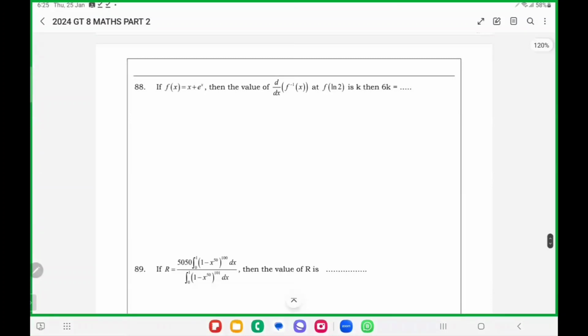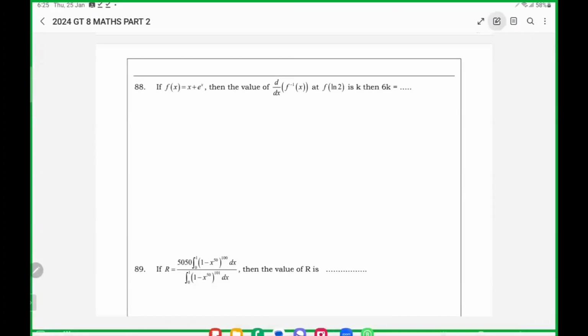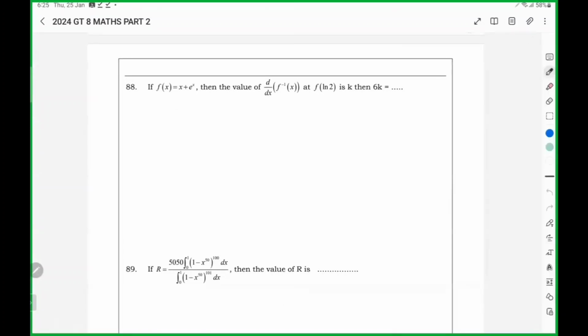This problem, good logical problem. So derivative of f inverse x, let g be f inverse. So g circle f of x, because g is f inverse, circle f is identity, I of x is x.